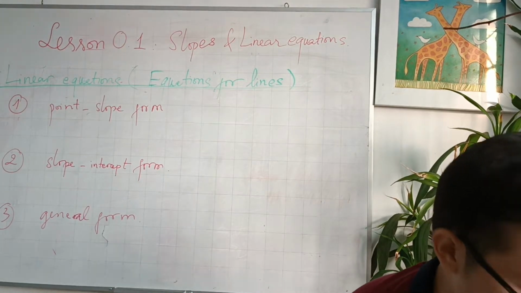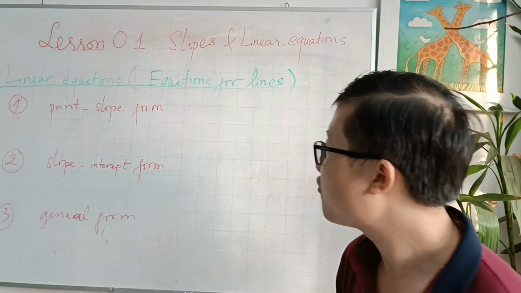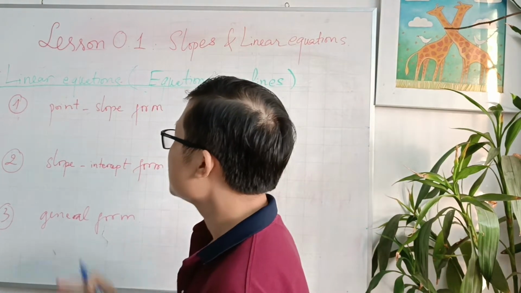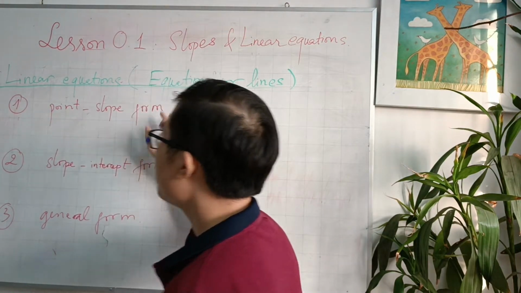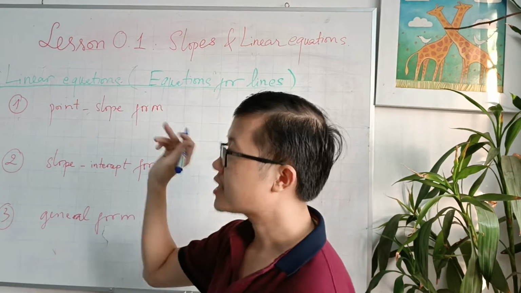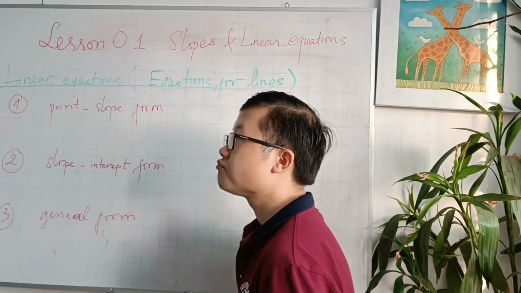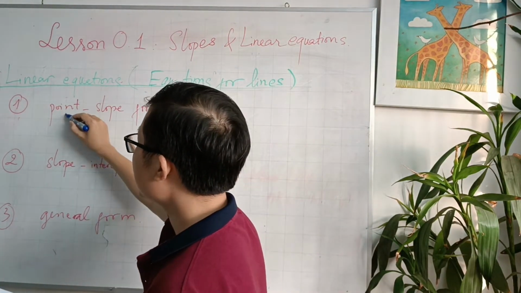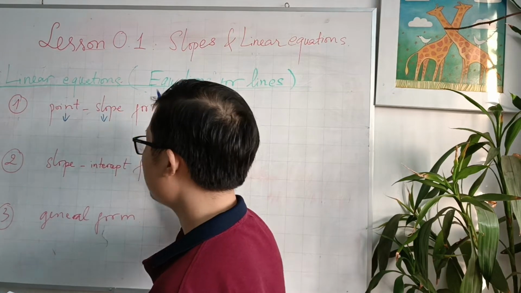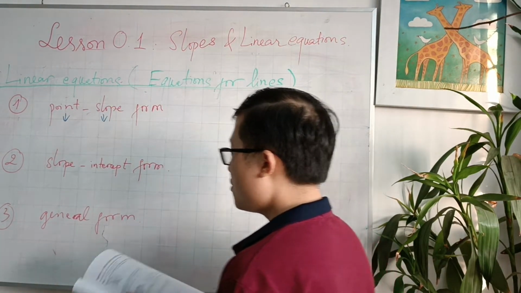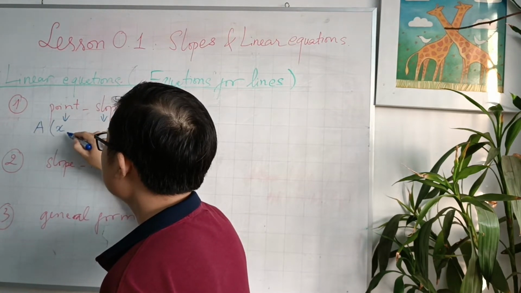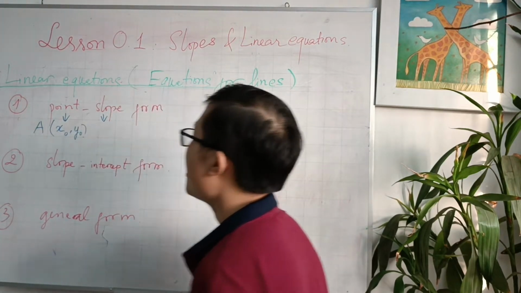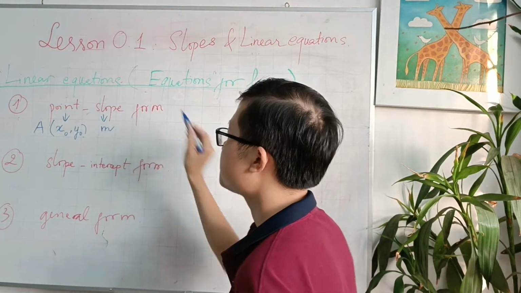I think it's easy for you. Point-slope form. In this name, we have two factors, point and slope. So when you write this form, you must have two pieces of information in the question: the first is a point, and the second is the slope. So we have point A (x0, y0) and you have a slope m.